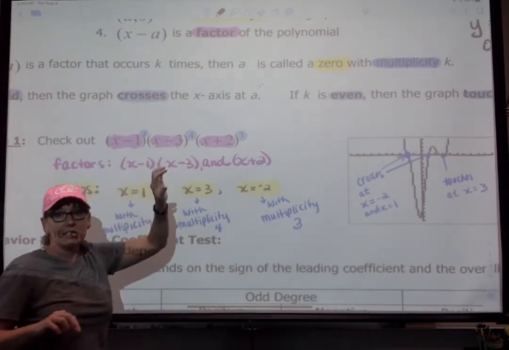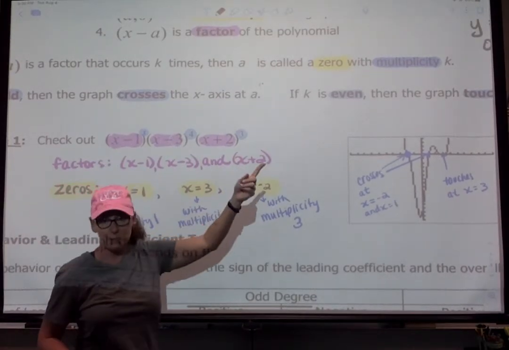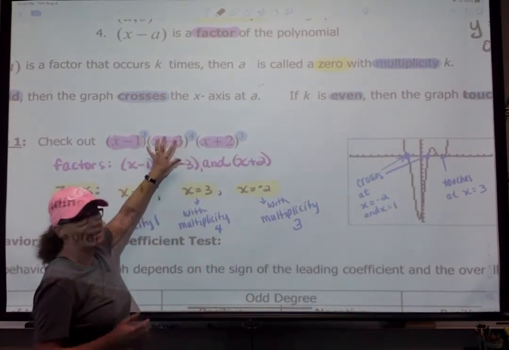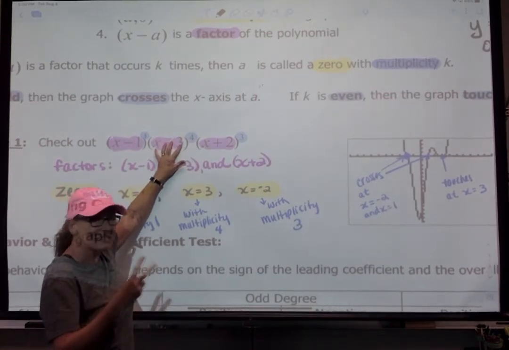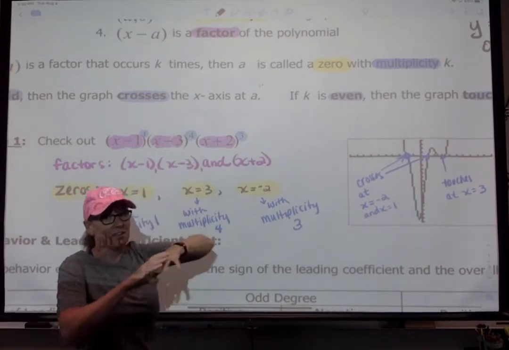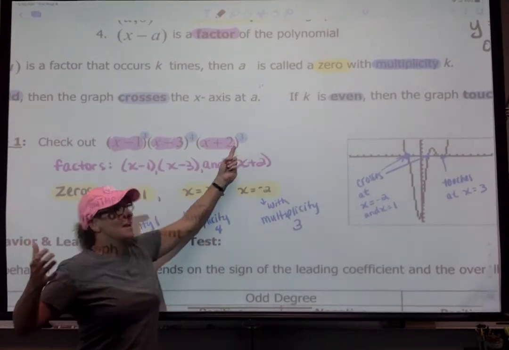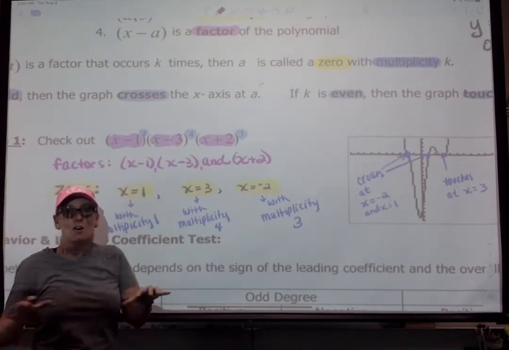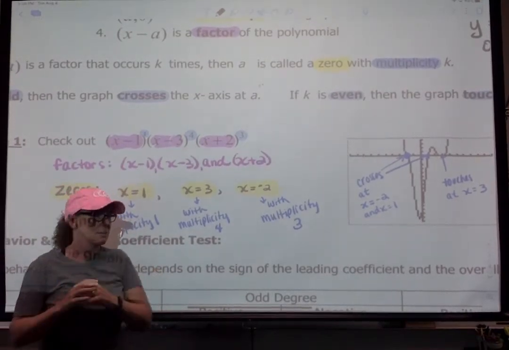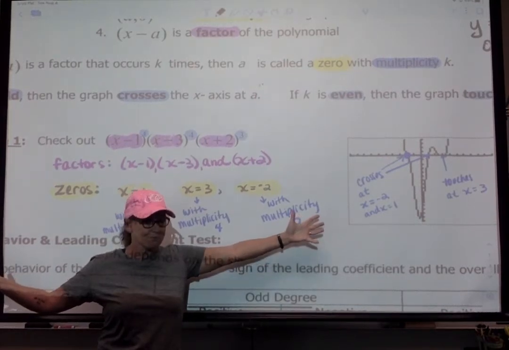I don't think you would want to do this, but if you multiplied out this polynomial, you would have to take this binomial times itself 4 times, take that huge answer, multiply it by this one 3 times, and multiply it by this one once.